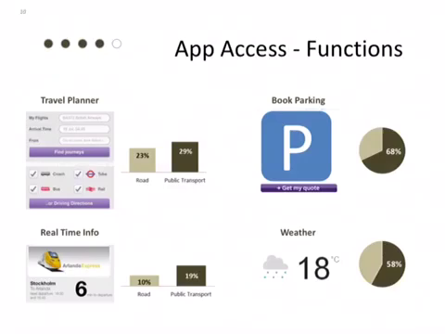And we saw that the travel planner functionality, both for road information as well as for public transport information, was provided by less than 30% of those airports in both cases. The example in the picture is London Heathrow.